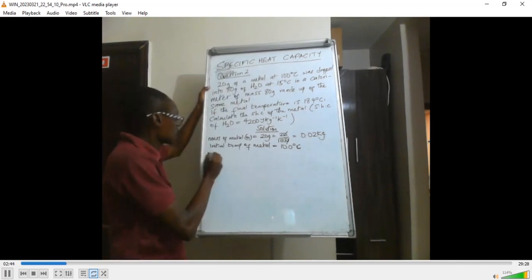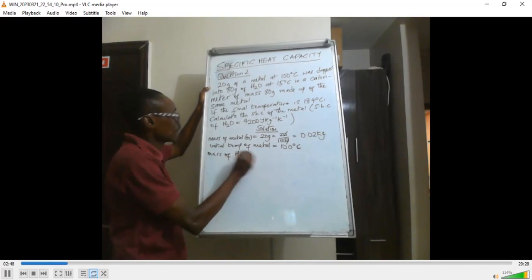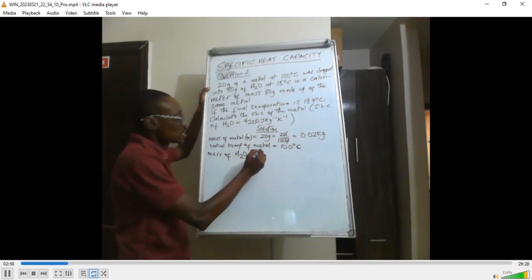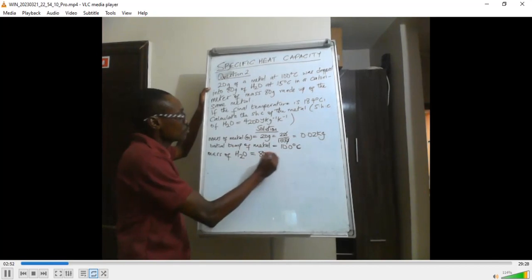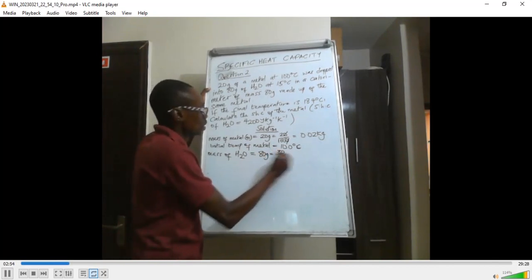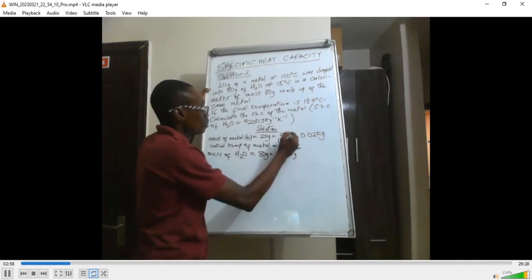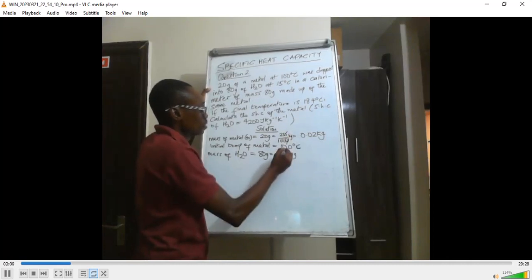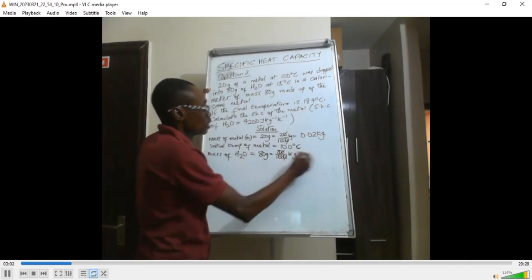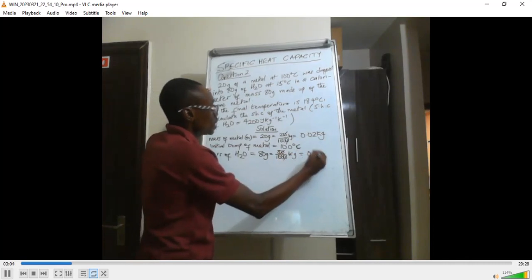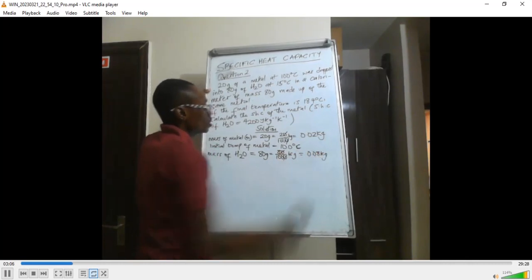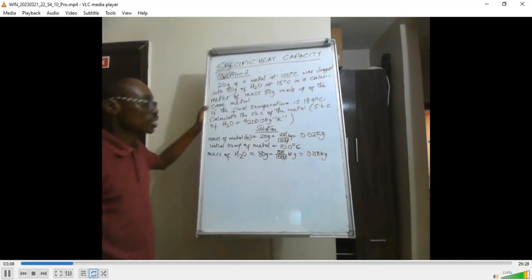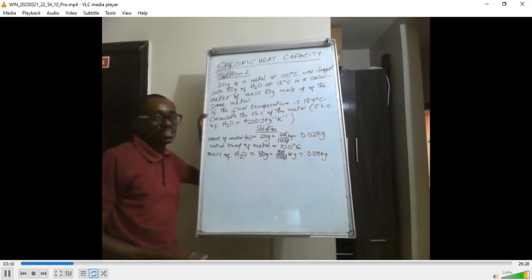So mass of water is equal to 80 grams. This is 80 divided by 1,000 kilograms. This is going to be 0.08 kilograms. If you punch this on a calculator, you're going to arrive at 0.08 kilograms.